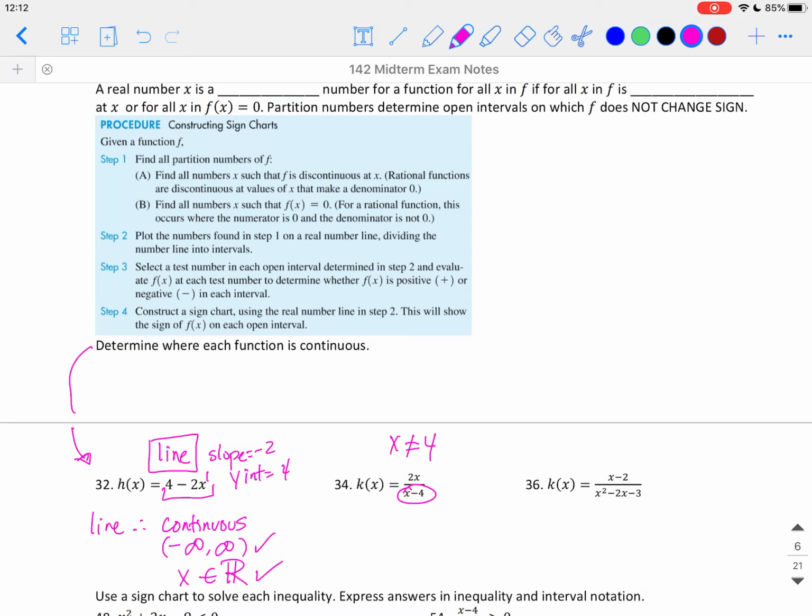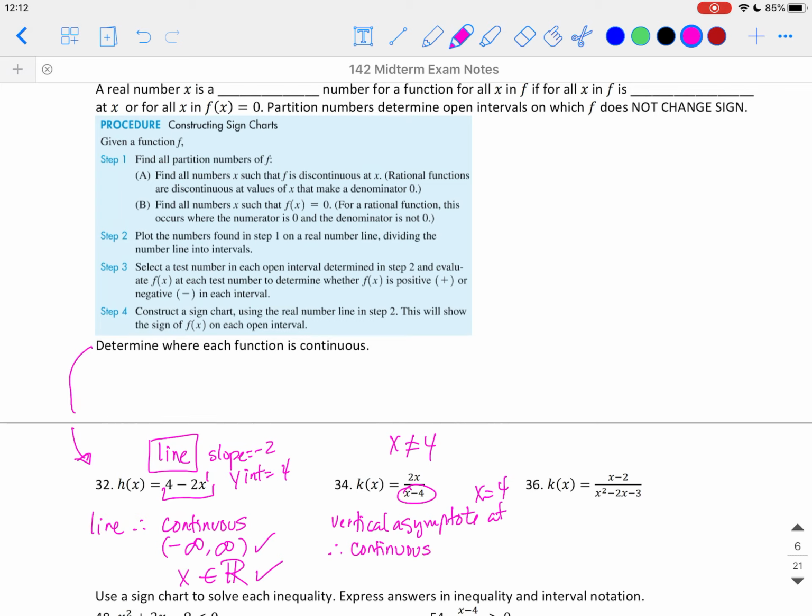And so here, we're going to say vertical asymptote at x equal to 4. Therefore, it's going to be continuous in two separate pieces.